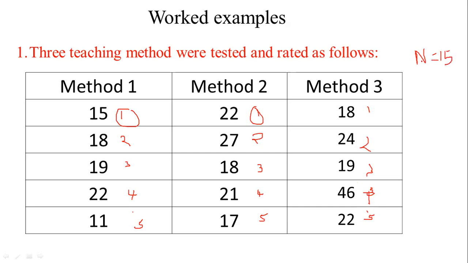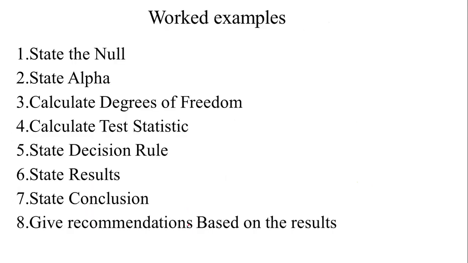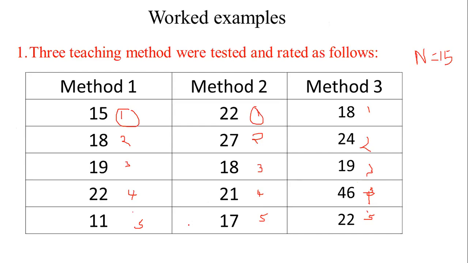So N represents the total population. And in our case, the total population is 15. If you count all the samples, you'll get 15.